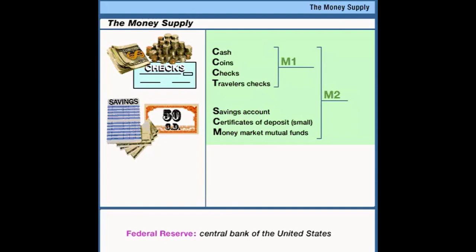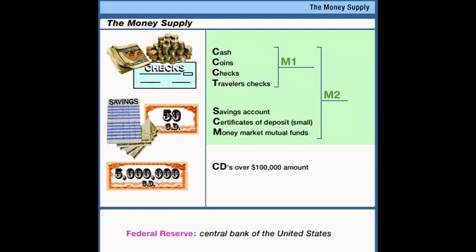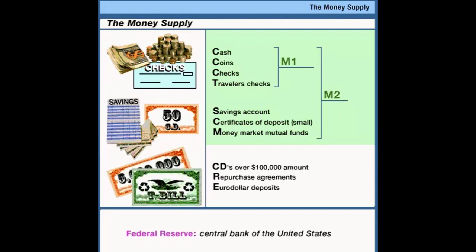These include larger CDs. CDs in an amount over $100,000 count as large negotiable CDs. Frequently, these are used to settle business between banks. Also included in this near money measure are repurchase agreements. These are arrangements where businesses lend their checking accounts overnight to banks so that banks can invest them and earn a little bit of interest in the global markets overnight.